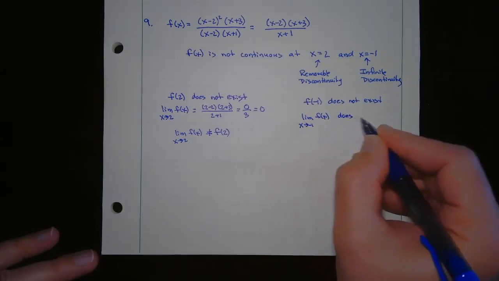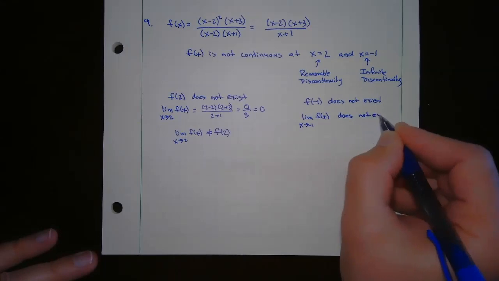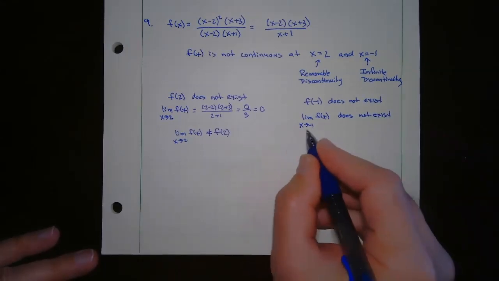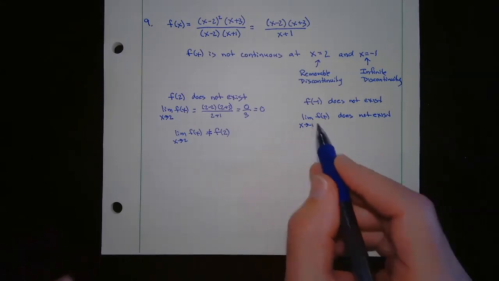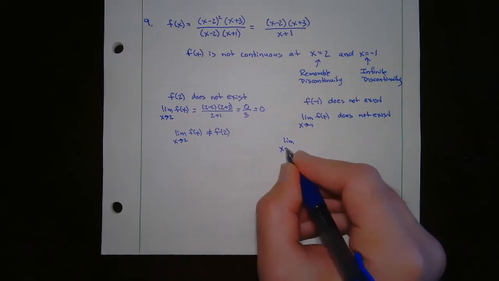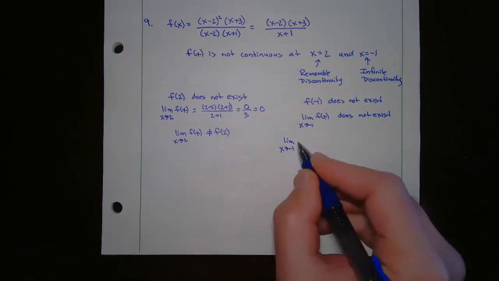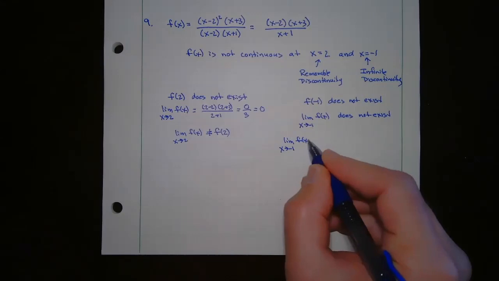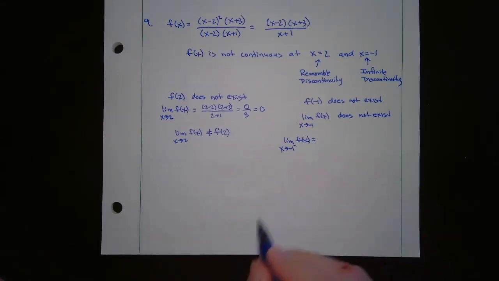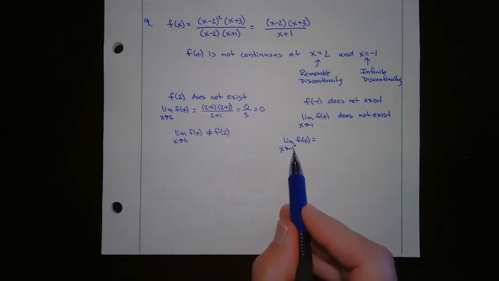Let me show you why it does not exist. This is a one-sided limit. We have to remember that when we do a limit, we have to show both sides. So the limit as x approaches -1 from the left of f of x: a little bit to the left of -1 would be like -1.1.